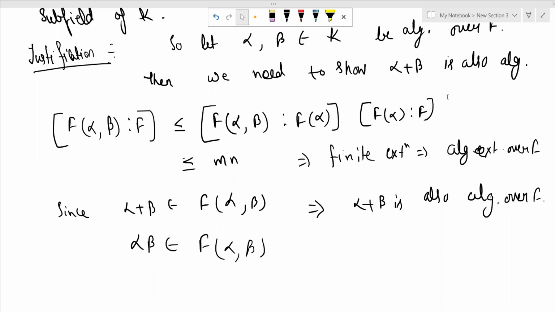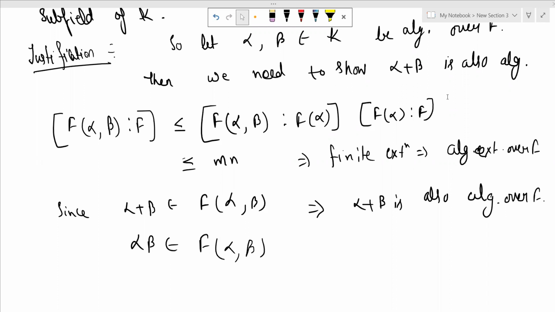What is the property of a field? Do you know the definition of a field? We have proved only the closure property with respect to addition. Now I am asking about multiplication. Jennifer, unmute yourself. Multiplicative inverse will be there. No, first tell me how you will prove it is multiplicatively closed.